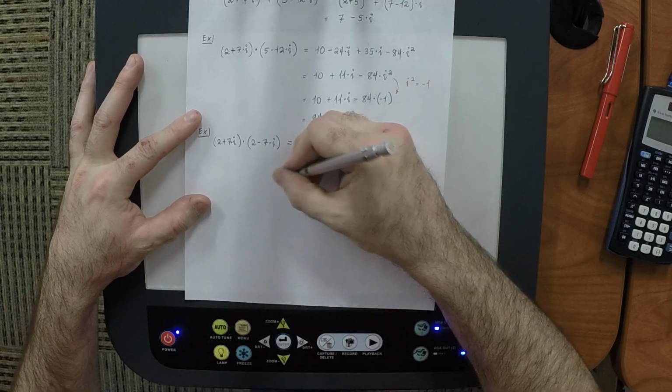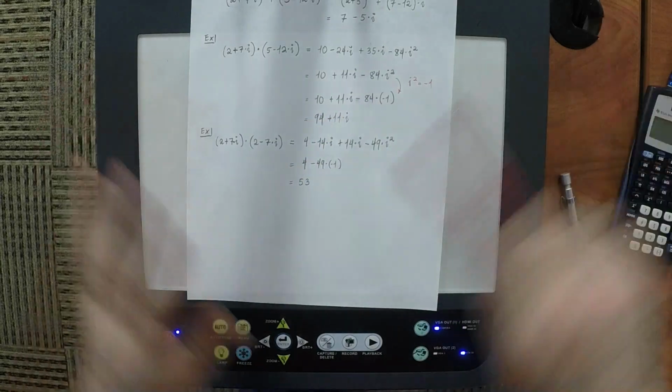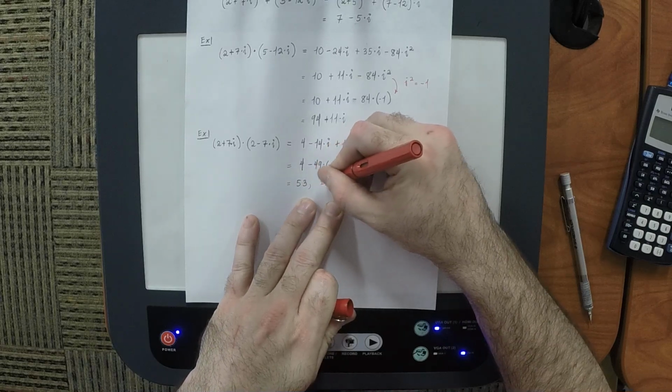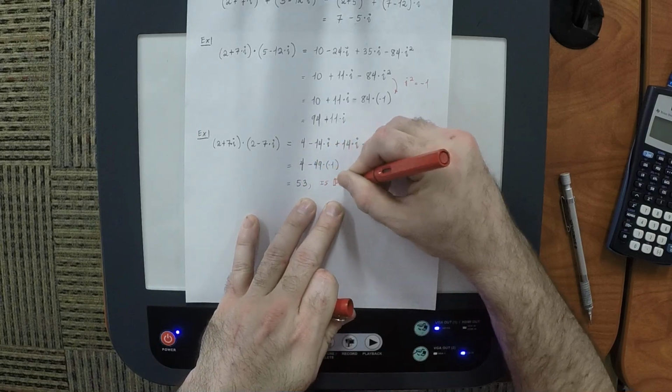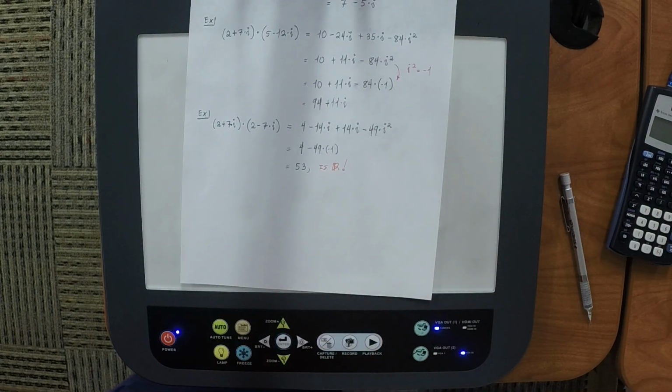So that'd be 53. And what I want you to observe is that 53, that's real. So we multiplied two complex numbers and got a real number.